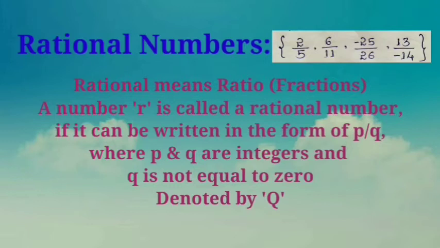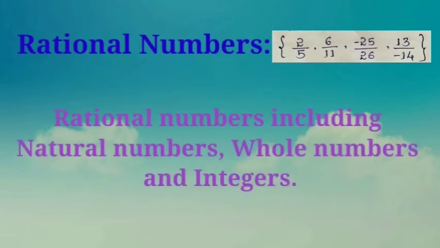It is denoted by Q. For example, 2 by 5, 6 by 11, minus 25 by 26, 13 by minus 14. Like that we can write any fractions, and those fractions we call rational numbers. Rational numbers include natural numbers, whole numbers and integers.